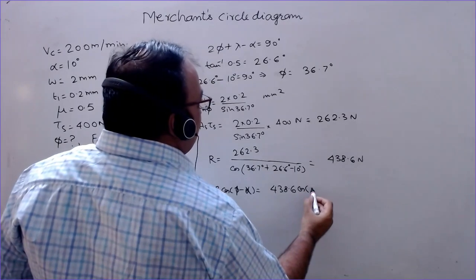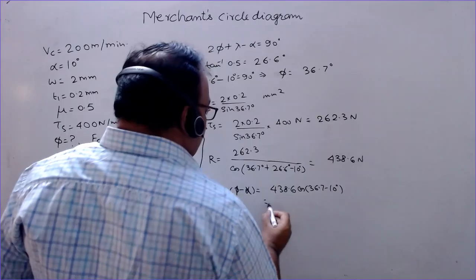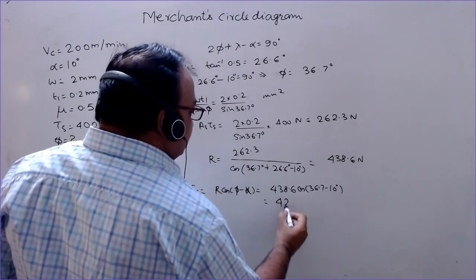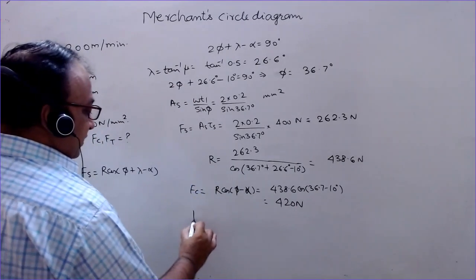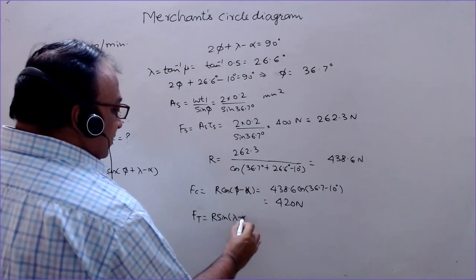Cos of 36.7 minus 10 degree. So Fc is around 420 Newton and Ft is R sin lambda minus alpha.